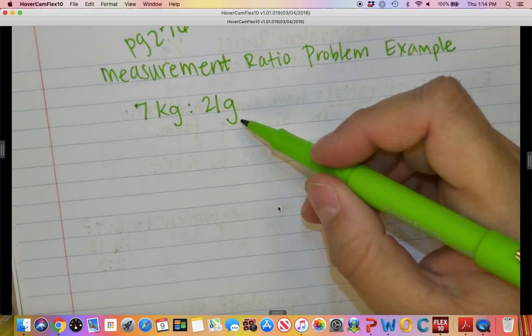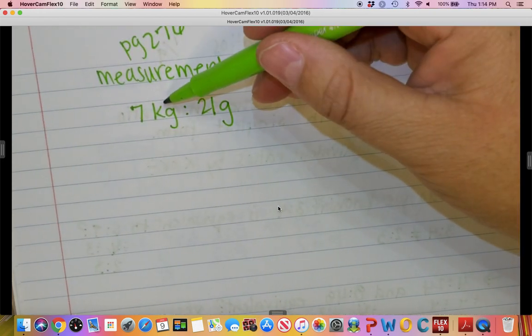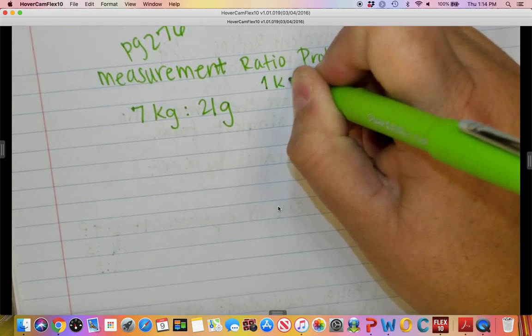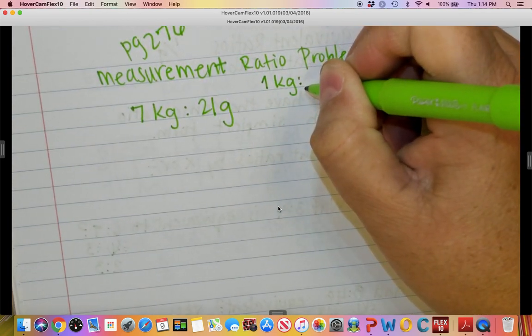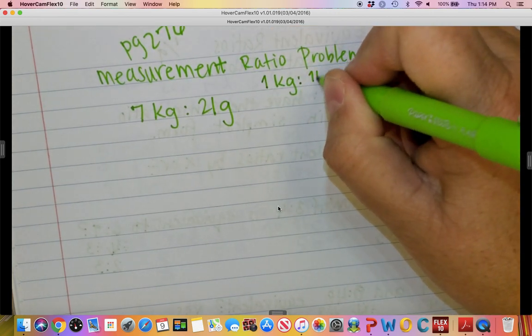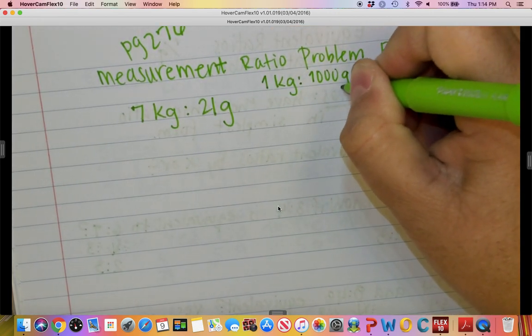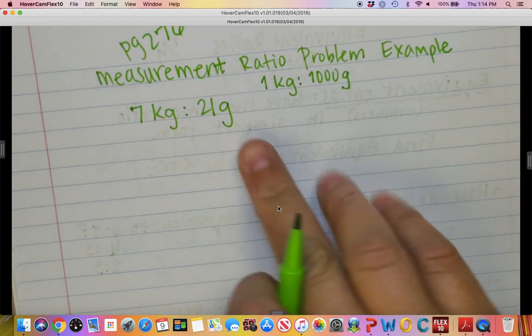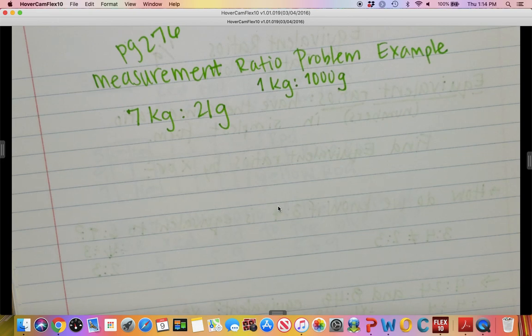So I've got to do something to this. Which one is bigger? So my ratio of 1 kilogram to every 1,000 grams. I've got to convert them. What am I going to do?